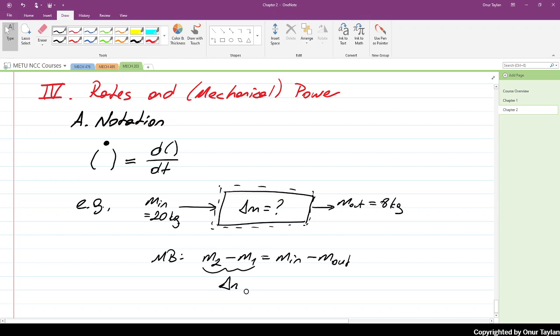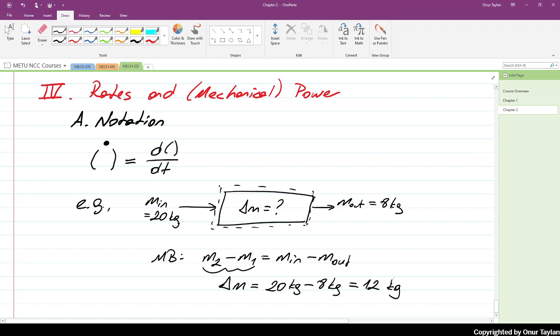Oops, sorry, it should not be something in red. So let me rewrite. Delta m is m in minus m out. M in is 20 kilograms. M out is 8 kilograms. So the difference is 12 kilograms.